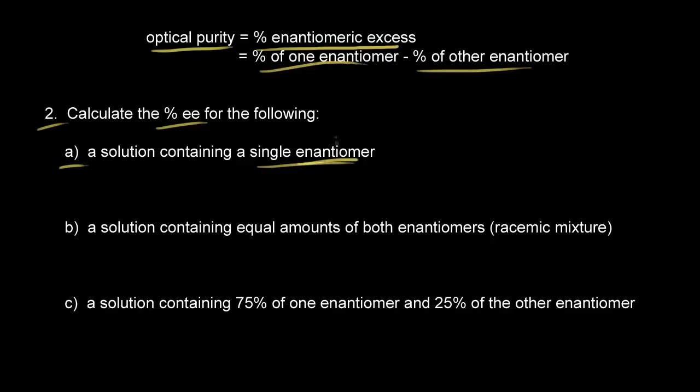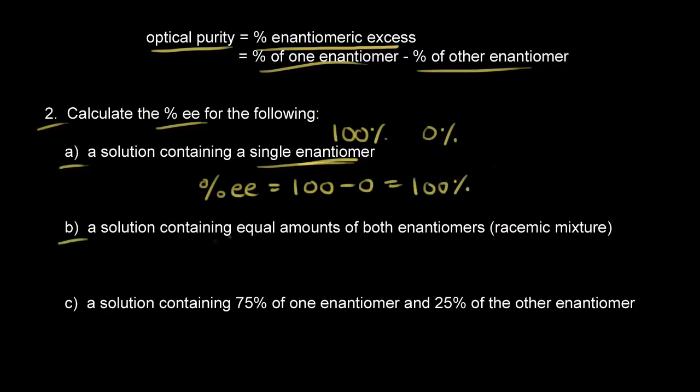That means you have 100% of this enantiomer and obviously 0% of the other one. So the percent enantiomeric excess would just be 100 minus 0, or 100%. So we have 100% optical purity. So this is an optically pure solution.